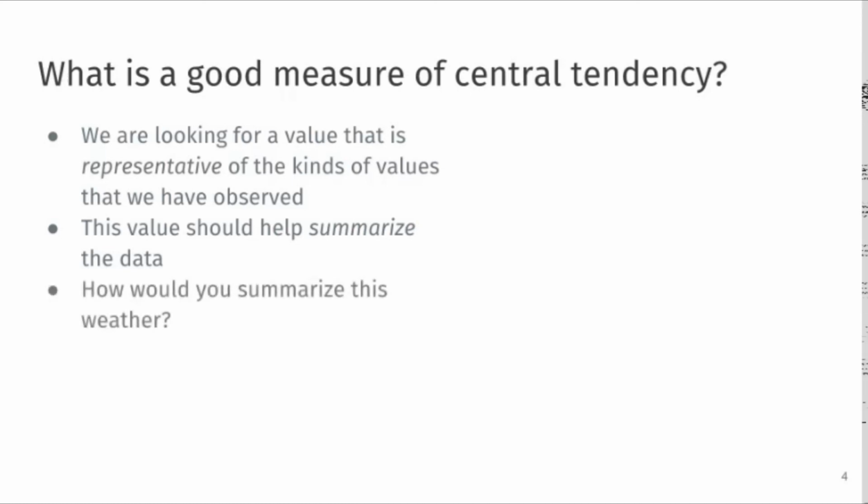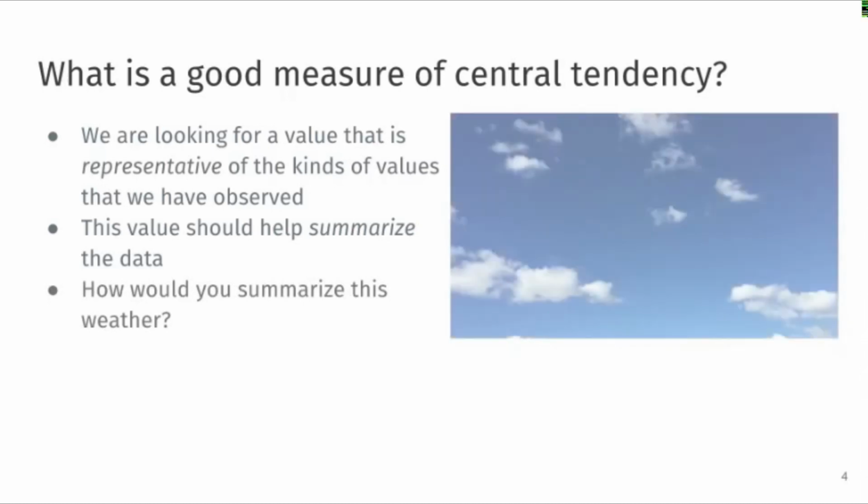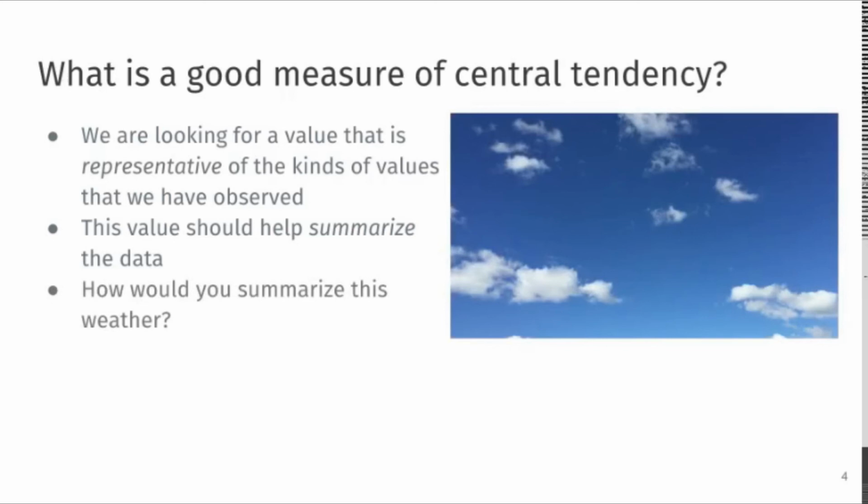As an analogical problem, we can think of how you might summarize this weather. I will say that I made these slides long before today's current weather, so we can think of this as aspirational. So how would you summarize this weather? There are a lot of clear patches, some clouds as well.